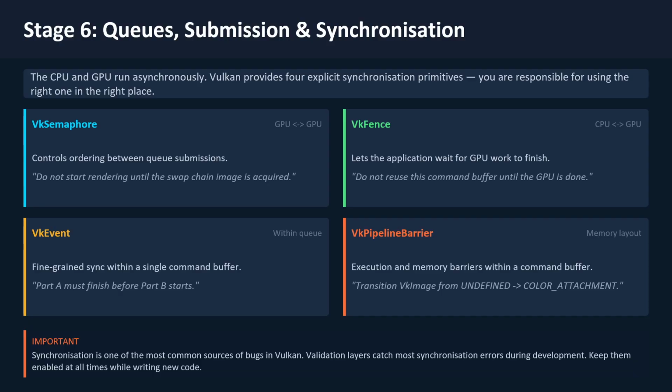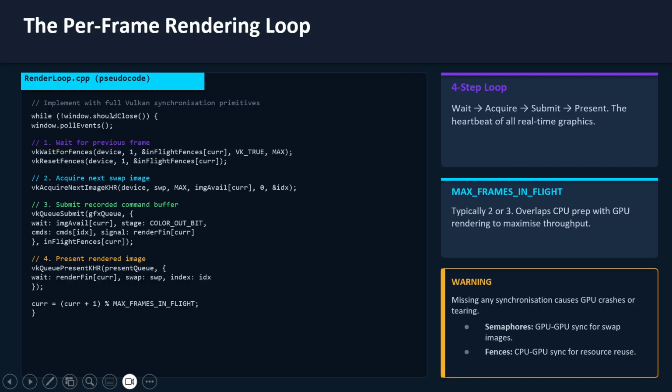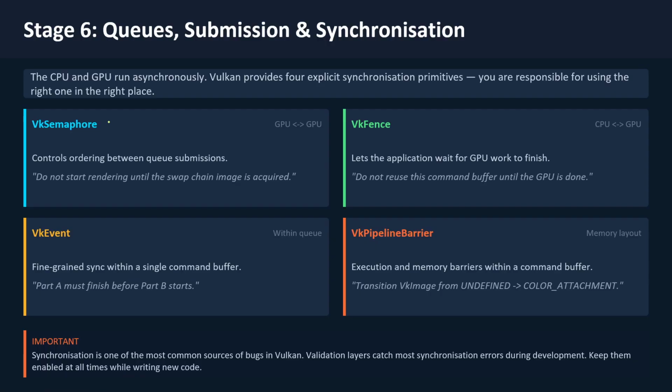Now if you want to control this behavior, Vulkan provides a lot of synchronization mechanisms. These are Vulkan semaphores, fences, events, and pipeline barriers.